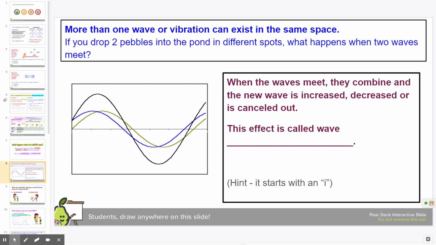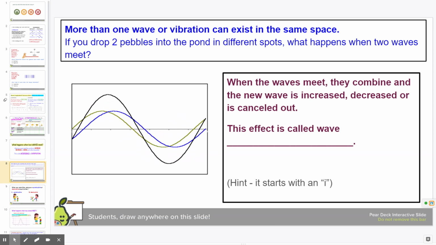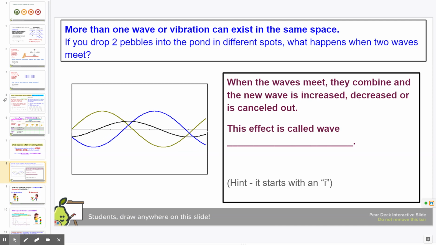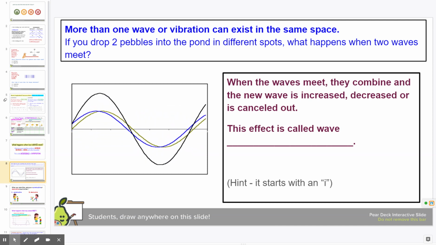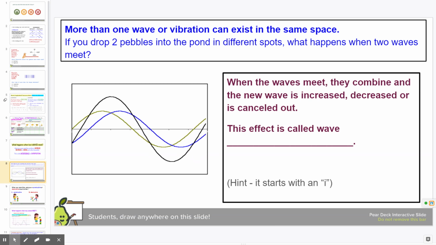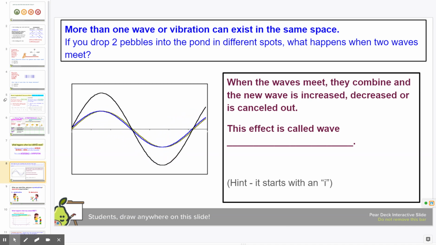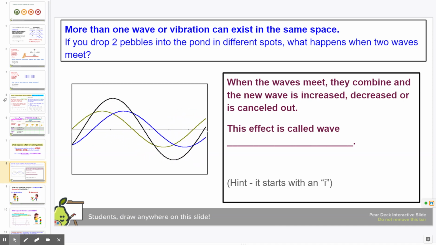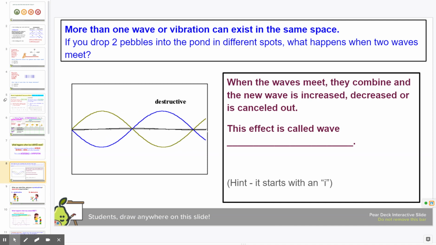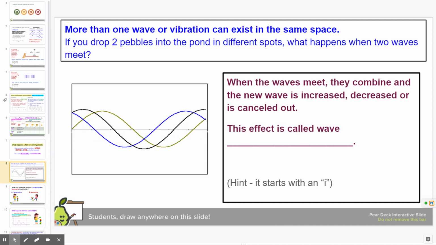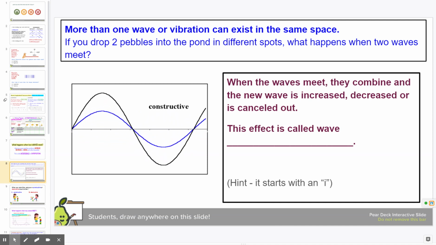And we see an animation here where the black line or wave is the new resultant wave, and the blue and green are the two waves that combine to produce the black resultant wave.